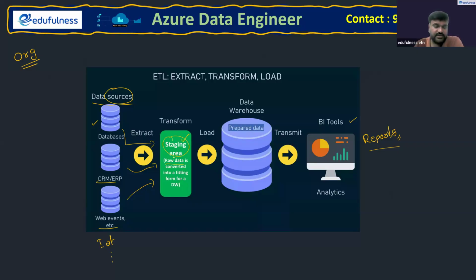Once it comes to the staging area, as we discussed, that data is raw data. It is not ready-made for usage. So some filtering you need to perform, some null handling you need to perform, some unnecessary data you need to remove, that may be columns or records, or some extra columns you need to define based on the existing data.